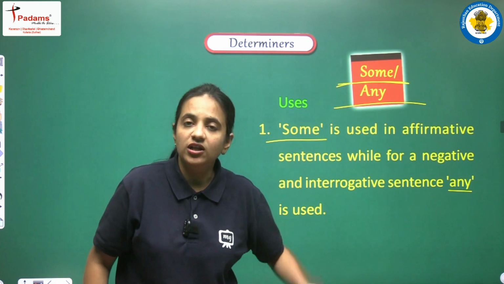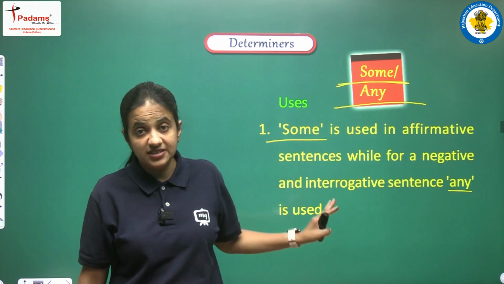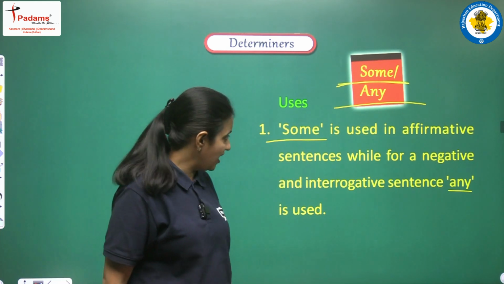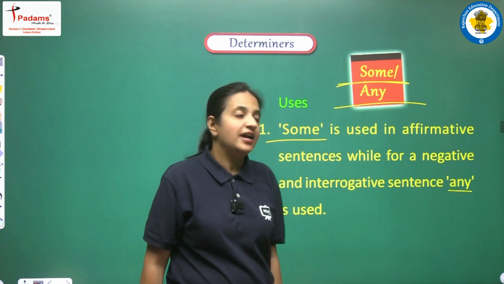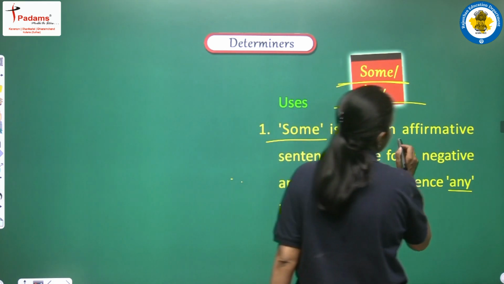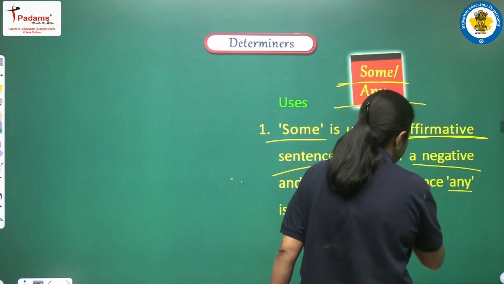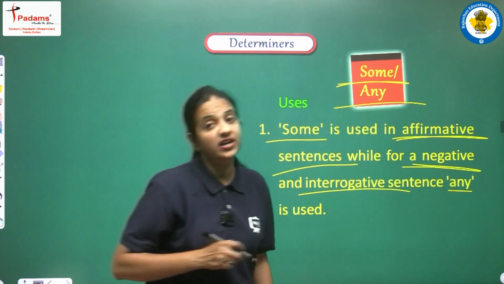Students, all the uses, or we can say all the differences, should be clear in your mind. So just listen very carefully. The first difference is that some is used in affirmative sentences, and any is used in negative and interrogative sentences.